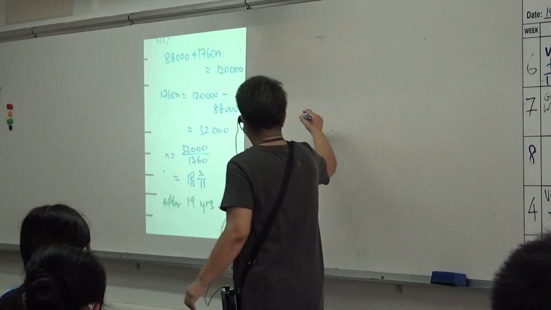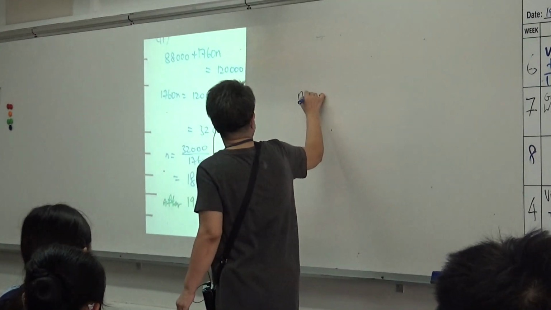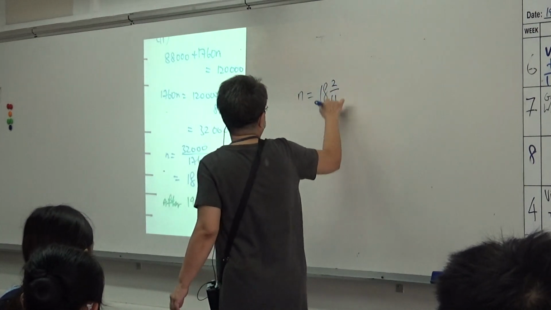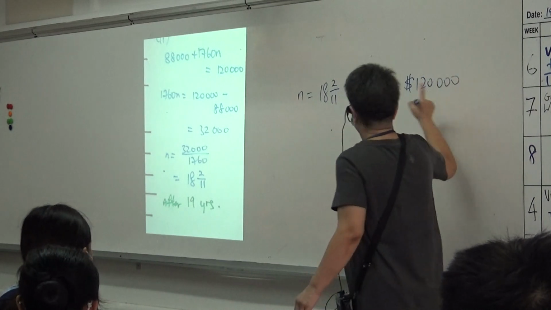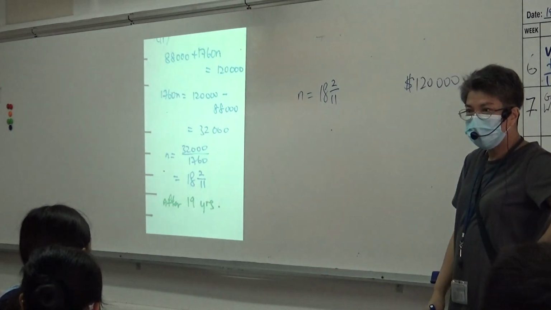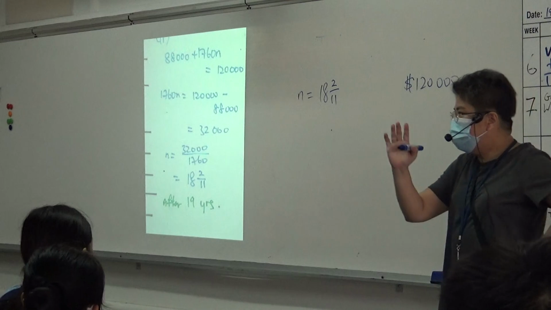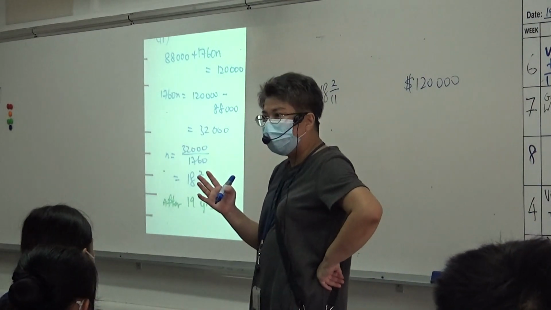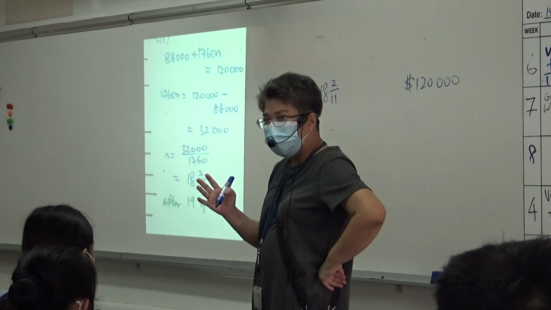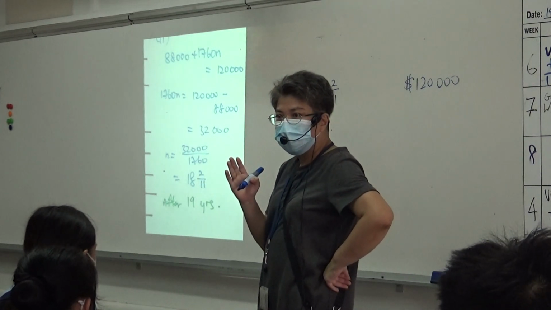That means when the year is 18 2 over 11, then it will reach this amount. Correct? That means it's more than 18 years, right? So after how many years? 19.